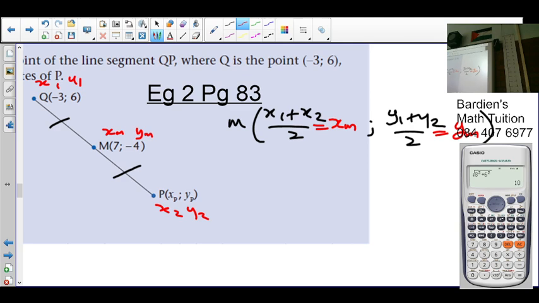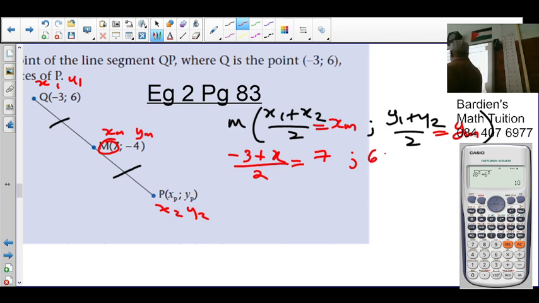So let's go now. You would say x1 is negative 3 plus x over 2 is equal to x mid, which is 7. And y1, which is 6 plus y2, or y, over 2 is going to be negative 4.